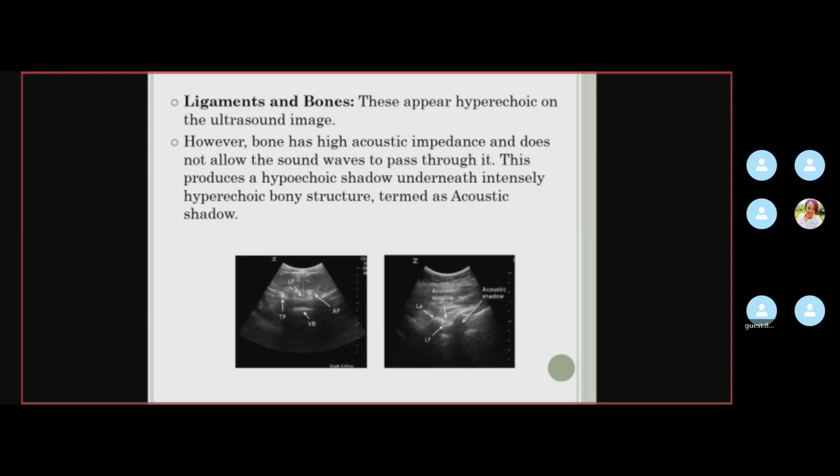They will also show acoustic shadowing because they are denser and will not allow the ultrasound wave to pass through. So always remember, whenever you are doing a scan, if you see a calculus, you will see the shadow. You have to look for the acoustic shadow. That will confirm whether it is a calculus or not.